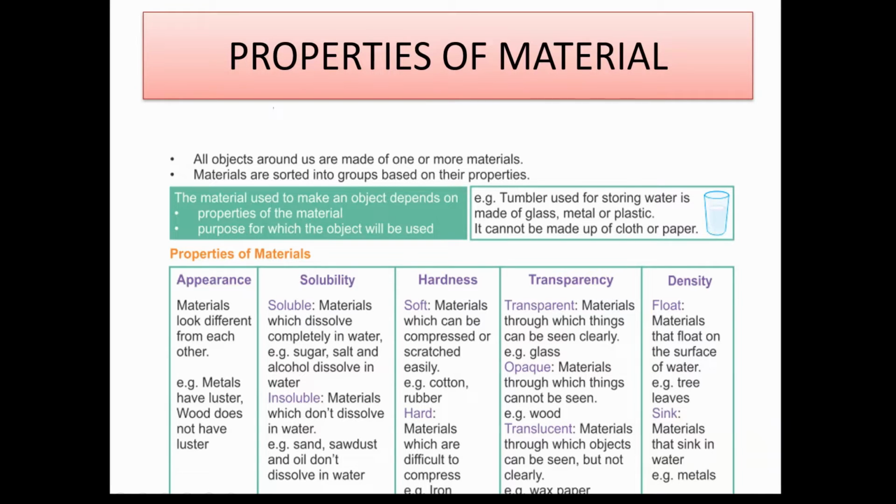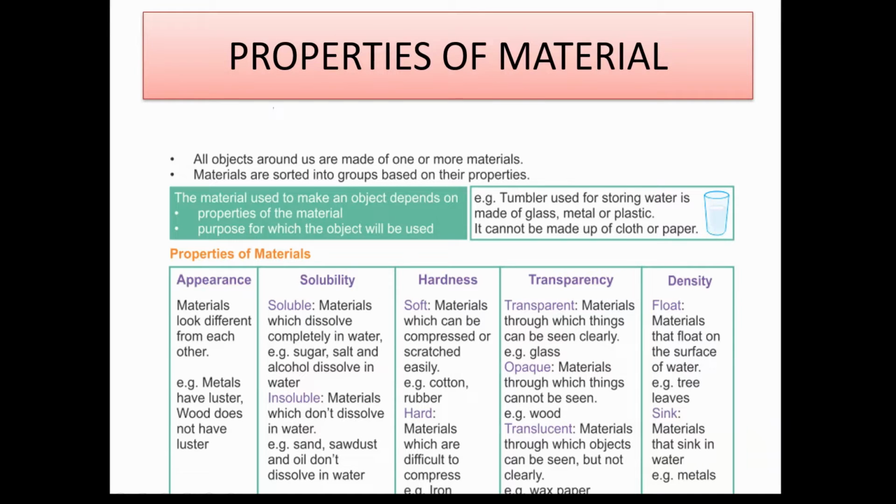Coming to appearance, some materials are shiny in appearance and they are called lustrous material as they have shine or luster. Others do not have shine and they are called non-lustrous material.